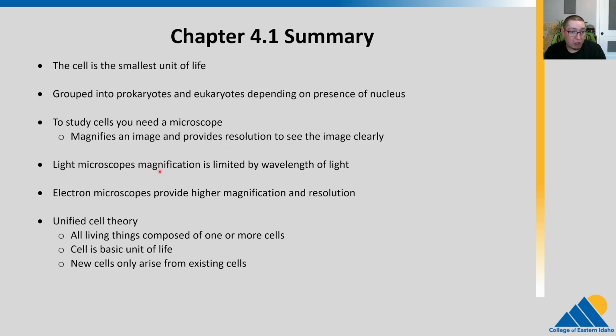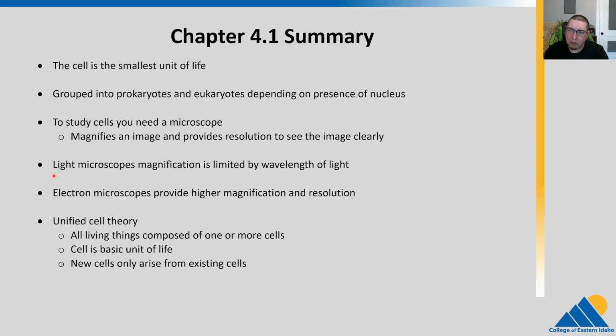Light microscopes can magnify pretty well, but only up to the resolution wavelength of light, about 1000x and 200 nanometers. Electron microscopy, much higher, millions of times magnification, and like 0.1 nanometers. So very, very good resolution. If you want to look at viruses, you got to go to electron microscopy to do that. You cannot see them with light microscopes.